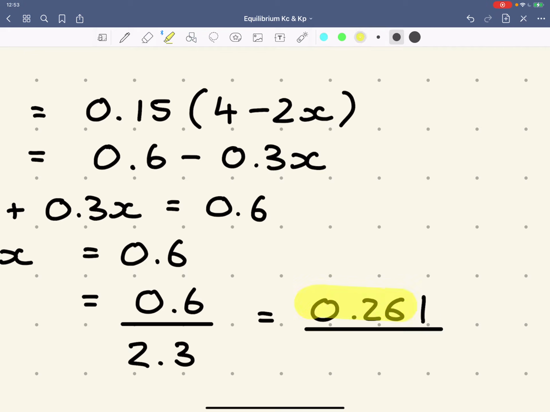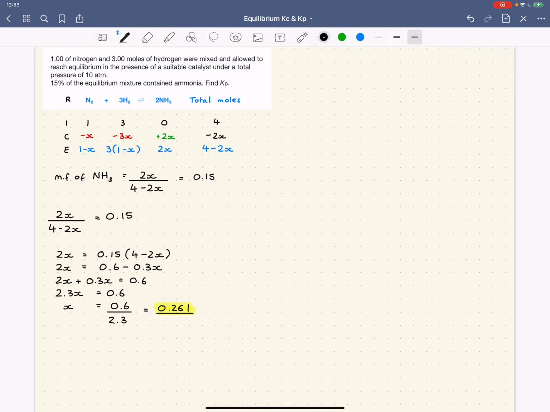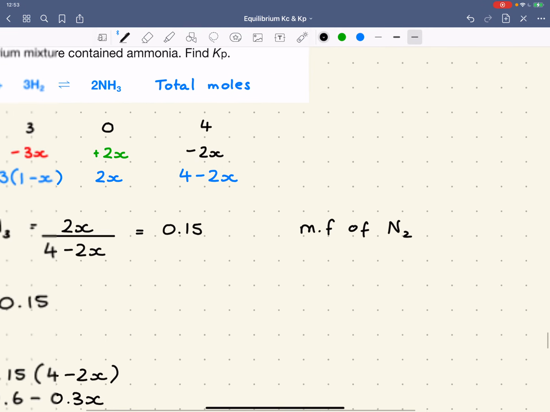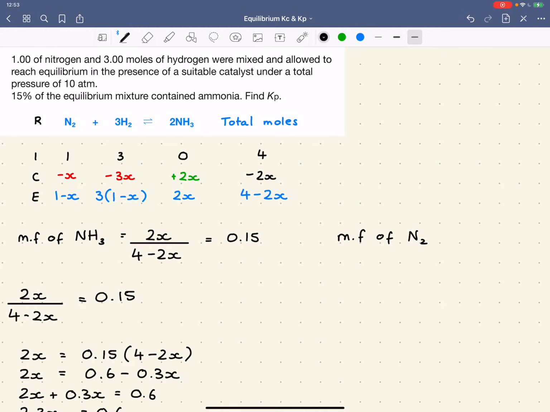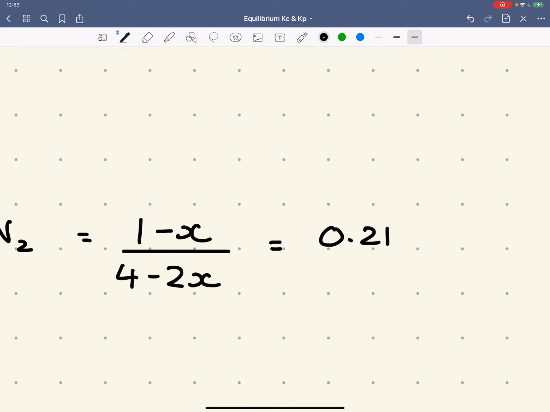Now, the point of that is that we can work out the mole fractions of my other components in the mixture. So the mole fraction of nitrogen is the moles of nitrogen, which is 1 minus x, over 4 minus 2x. And when we put x as 0.261, we get an answer of 0.2125. So that's the mole fraction of nitrogen.